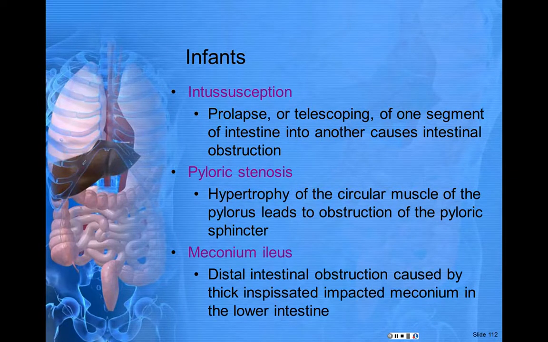A meconium ileus can be the first manifestation of cystic fibrosis. In newborns, they'll present with abdominal distension, and usually this is something that occurs in the first 24 hours after birth.